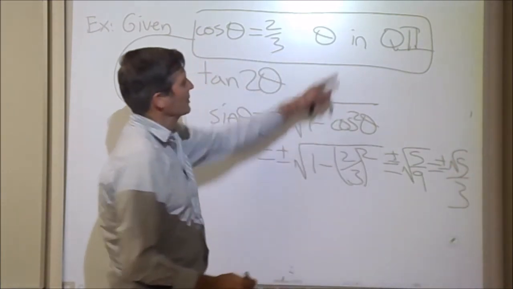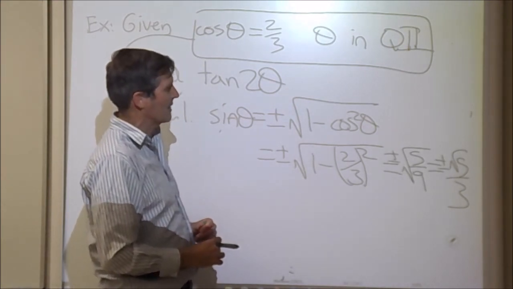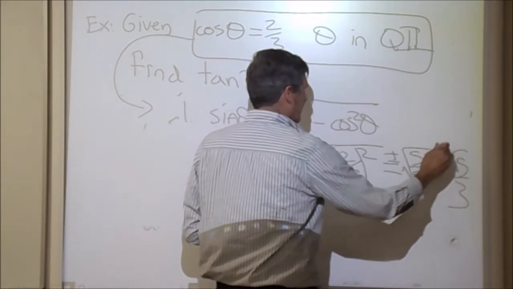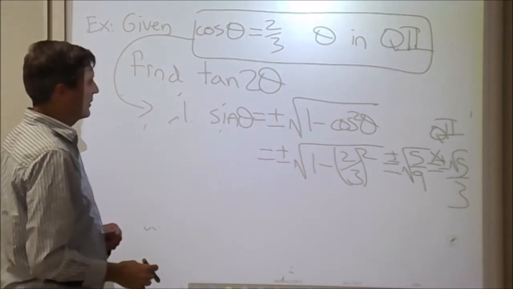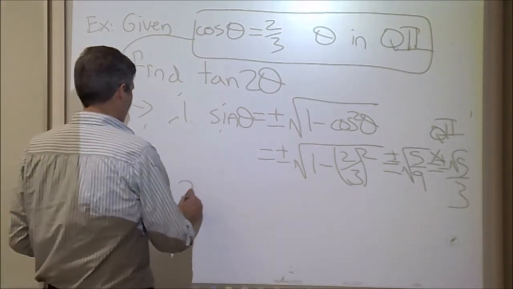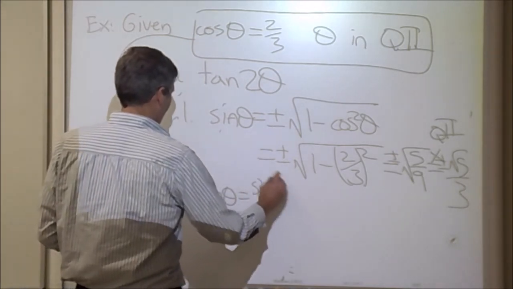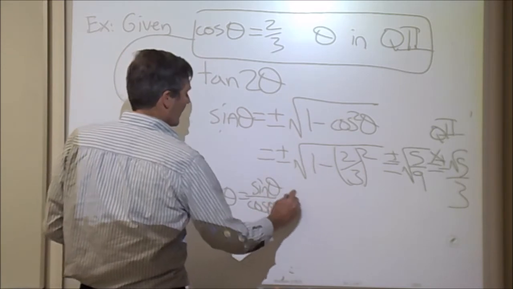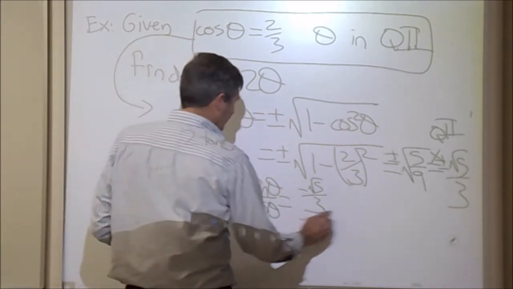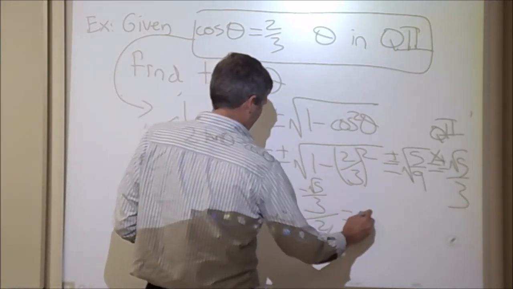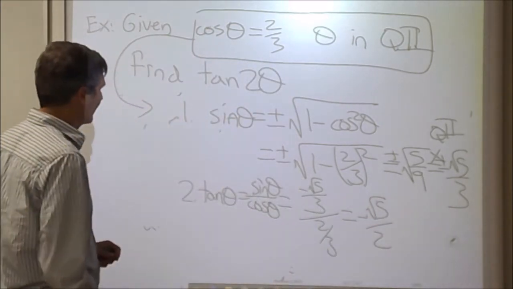Now as a plus or minus, that's where the quadrant comes in, right? In quadrant 2, we remember that sine is positive and cosine is negative, so it must be that we want positive for sine in quadrant 2. That computes sine of theta. Now, tangent of theta is sine over cosine. It has to be the square root of 5 over 3 for sine, and 2/3 for cosine, and we get the square root of 5 over 2. There's the tangent of theta.